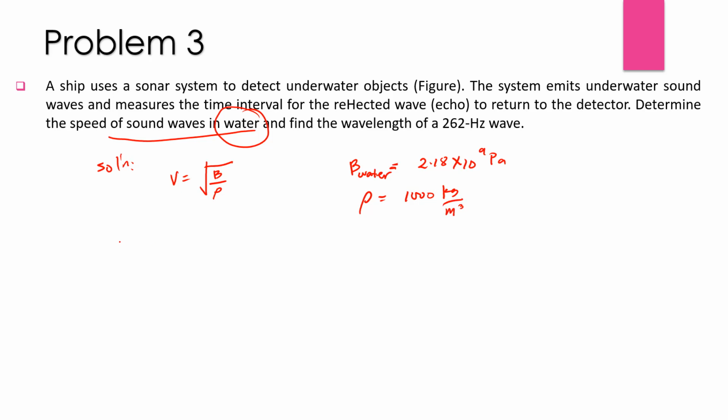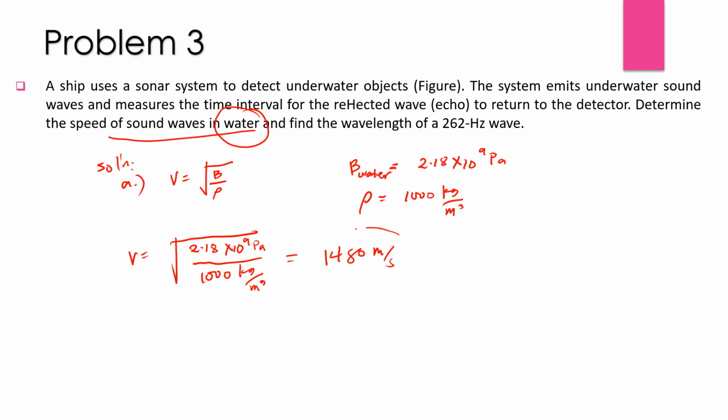Okay, so now we can solve for the speed of sound in water. This is equal to the square root of the bulk modulus, 2.18 times 10 to the 9 pascals, over the density of water, 1000 kilograms per meter cubed. So this is around 1480 meters per second.